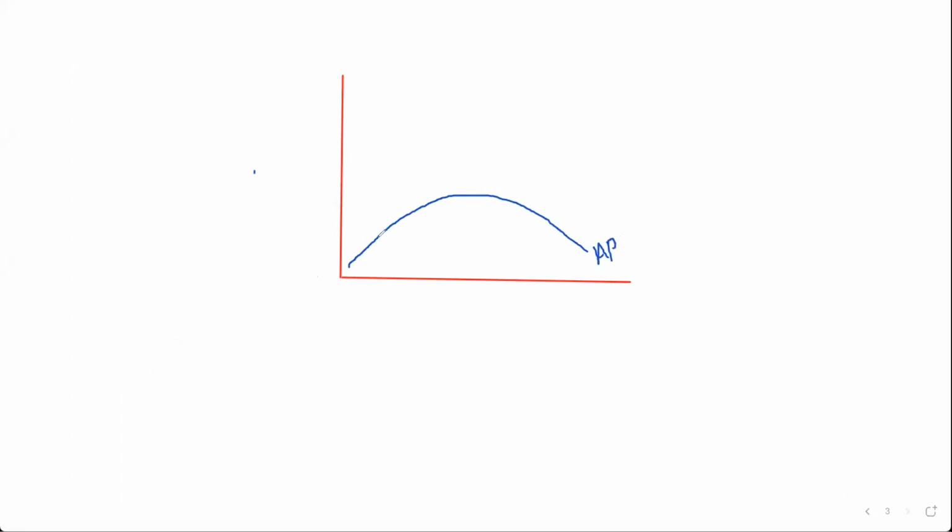Now look at the shape. Initially it increases, comes to the maximum point, and then decreases. If you look at the cost curve later on, the average cost curve is a mirror reflection of this average production curve.